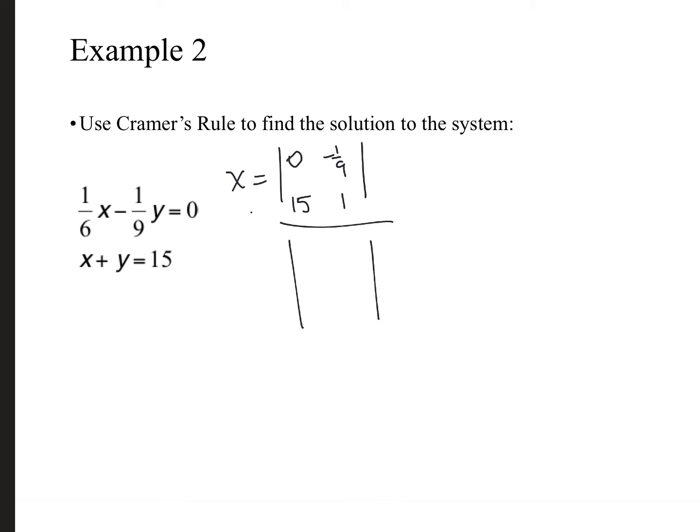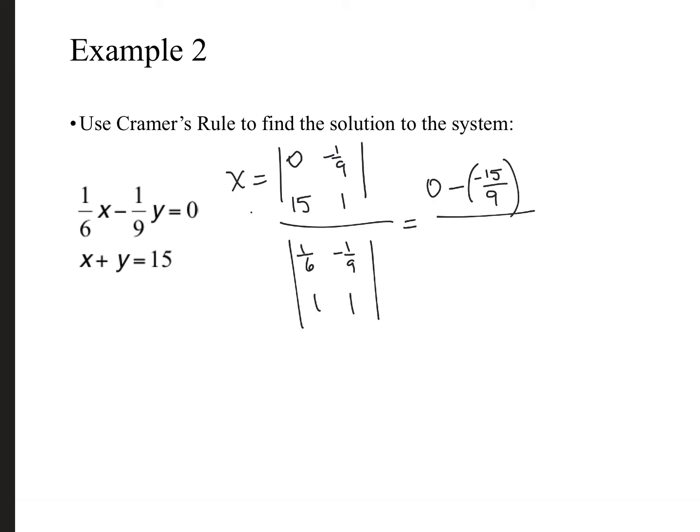And then the denominator is 1/6, -1/9, 1 and 1. And when I do the down minus the up, down is 0 minus the up, which is 1/59, -15/9.